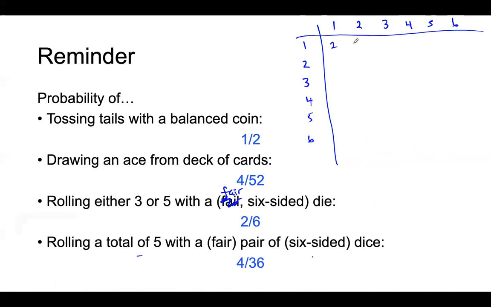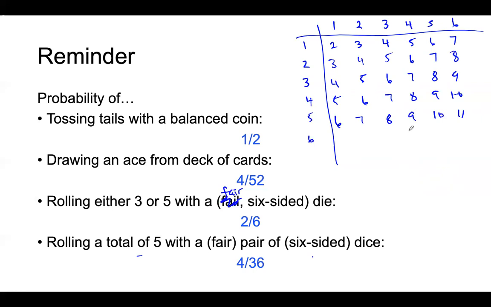So this would be 2, 3, 4, 5, 6, 7, then 3, 4, 5, 6, 7, 8, then 4, 5, 6, 7, 8, 9, then 5, 6, 7, 8, 9, 10, then 6, 7, 8, 9, 10, 11, then 7, 8, 9, 10, 11, 12.